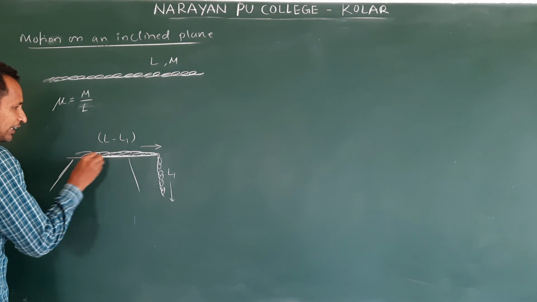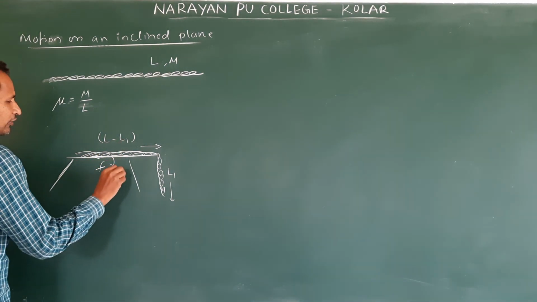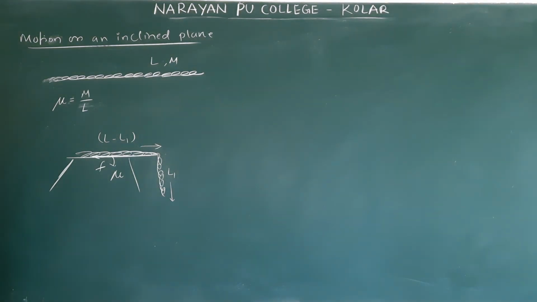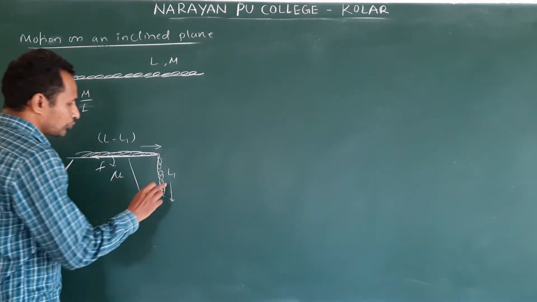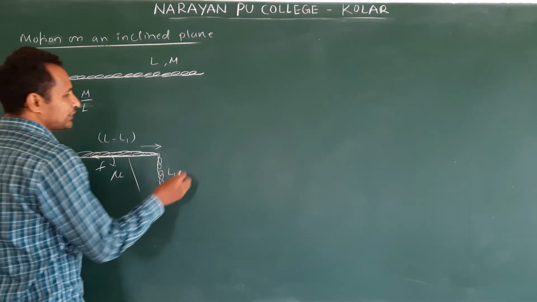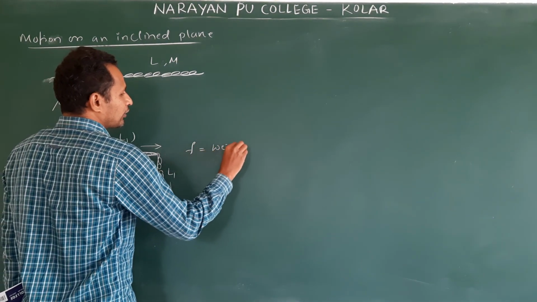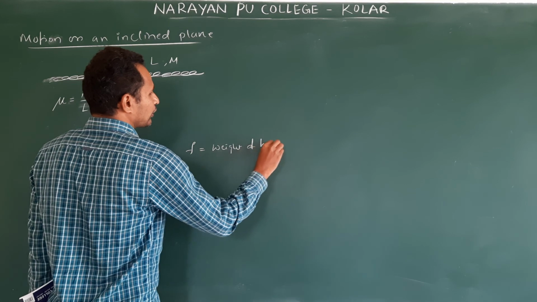So friction will act in the opposite direction. That is F. Coefficient of friction is mu. Now, weight is pulling down, this friction is balancing. Friction is equal to the weight of the hanging portion.